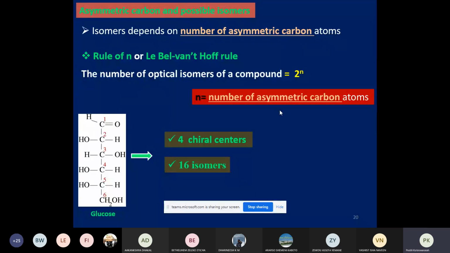The number of isomers depends on the number of asymmetric carbons, and therefore the number of optical isomers of a given sugar depends on the number of asymmetric carbons present. For example, if the sugar has 4 asymmetric carbon atoms, the number of possible optical isomers is 2 power n, where n is the number of asymmetric carbons, that is 2 power 4, which becomes 16 isomers.